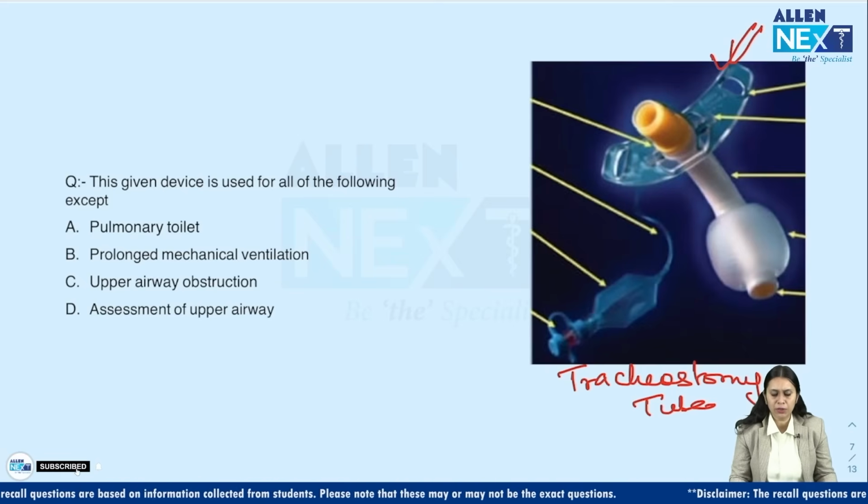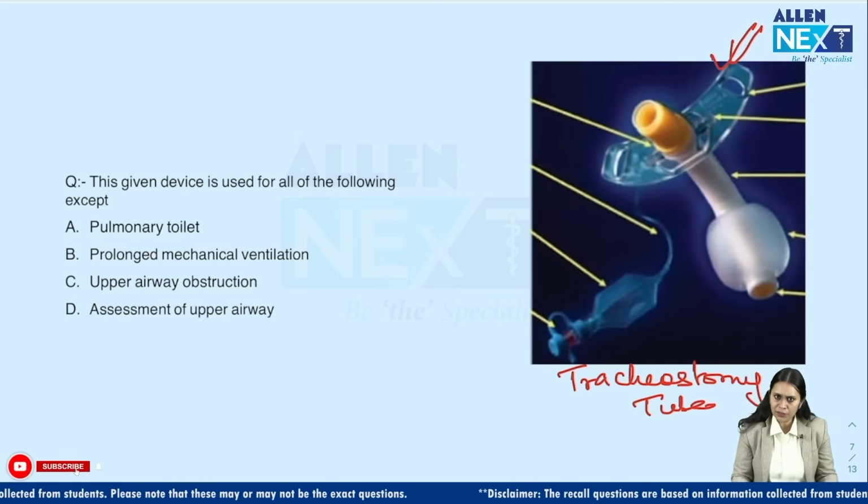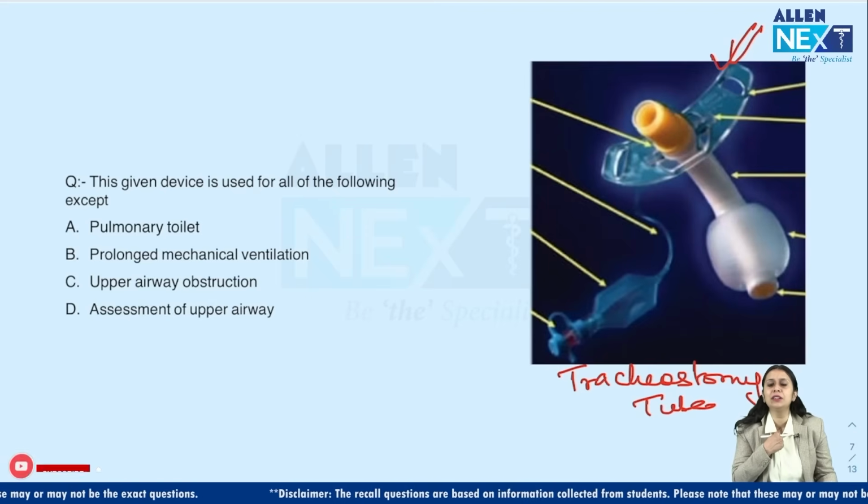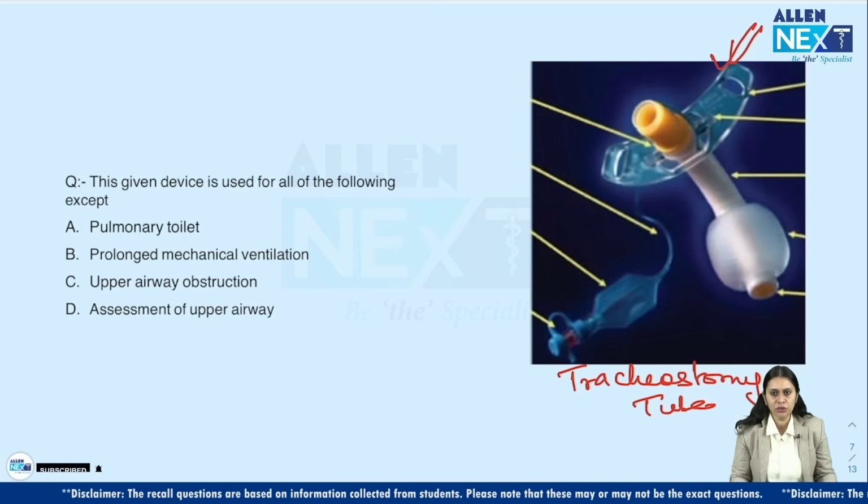So this is a tracheostomy tube. Now, what do we do in tracheostomy? Just 1 or 2 centimeter above the suprasternal notch, tracheostomy is done between second and third tracheal ring. A hole is made and this tube is inserted.